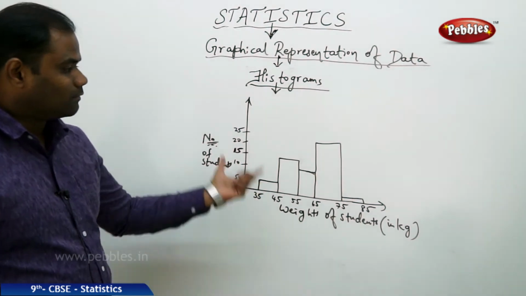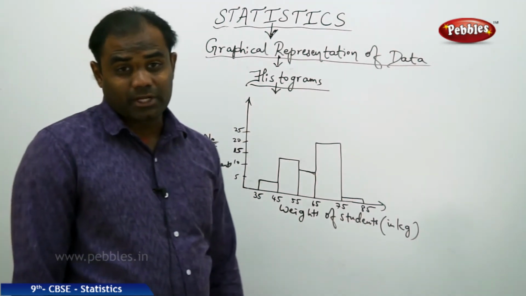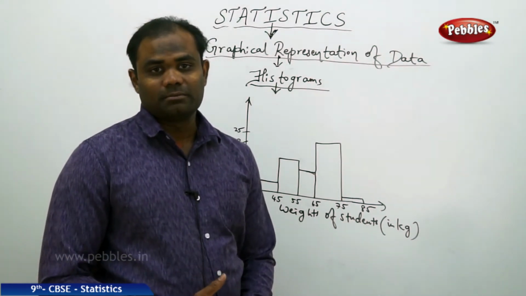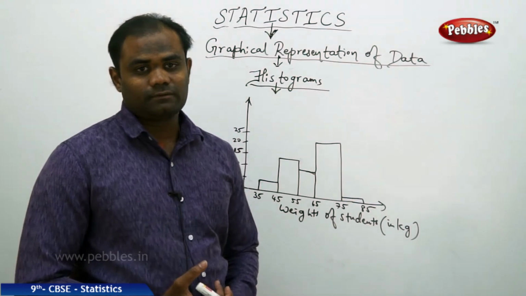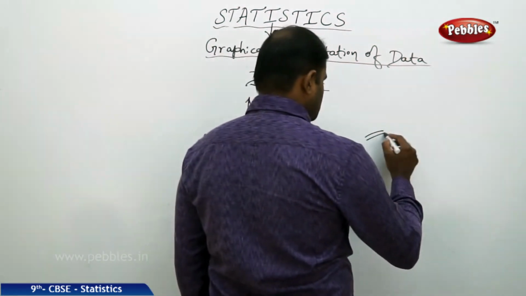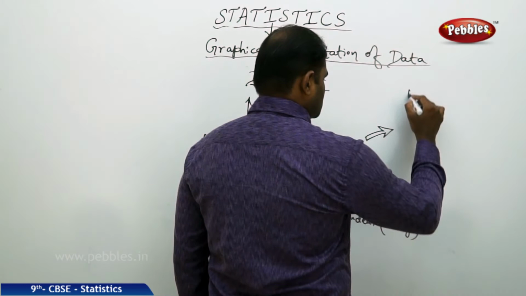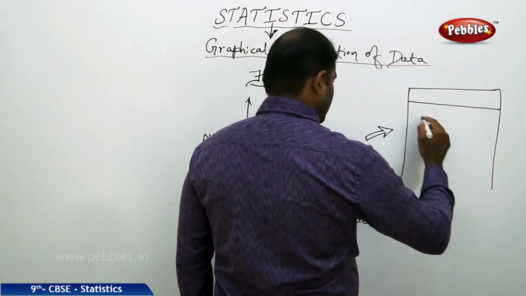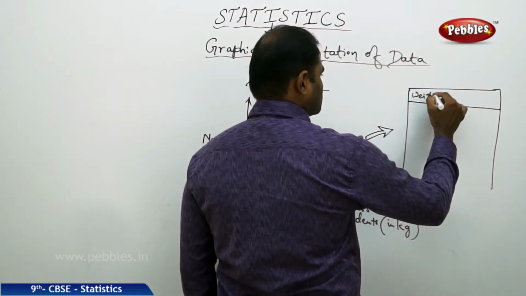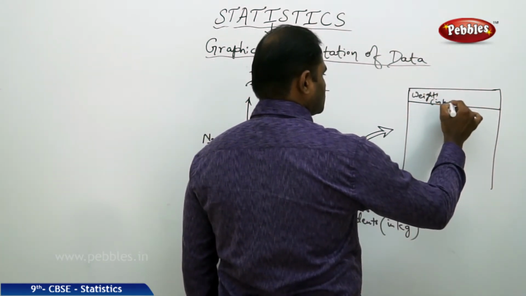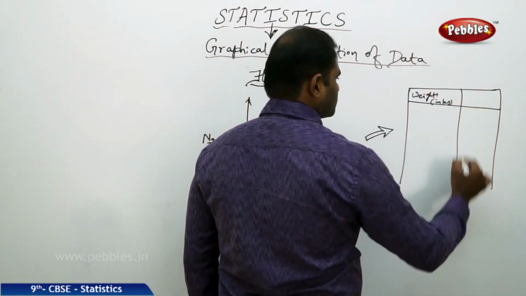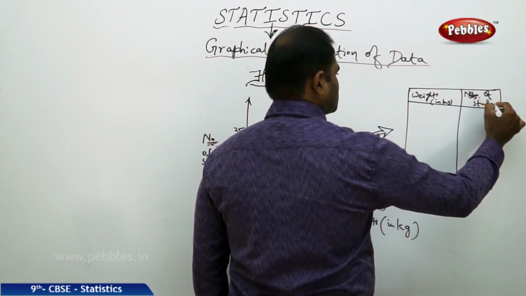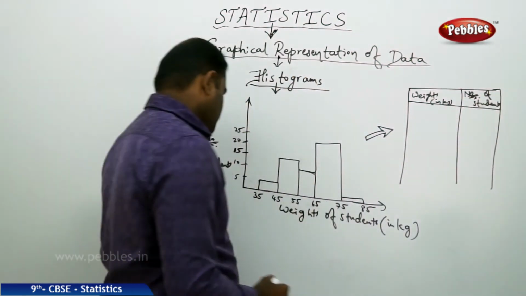Let's try to convert this into a frequency table and understand how a histogram helps me in analyzing the frequency table and the data itself. So when I take this into tabular form, I clearly see weights in kilograms and the number of students falling in that range.